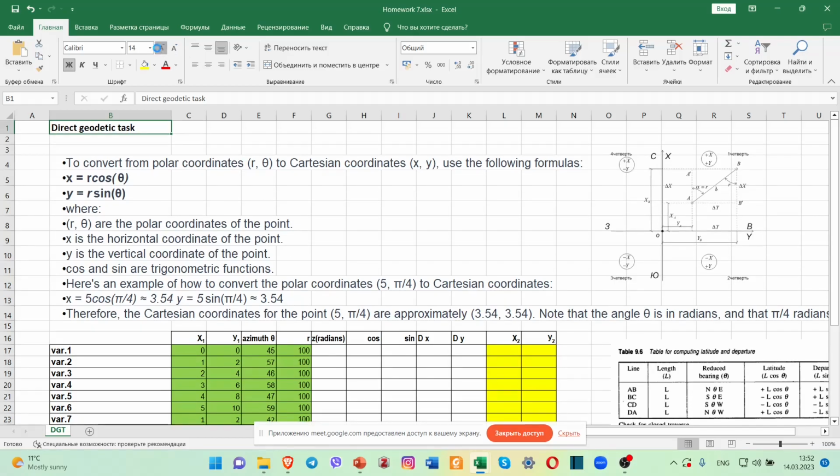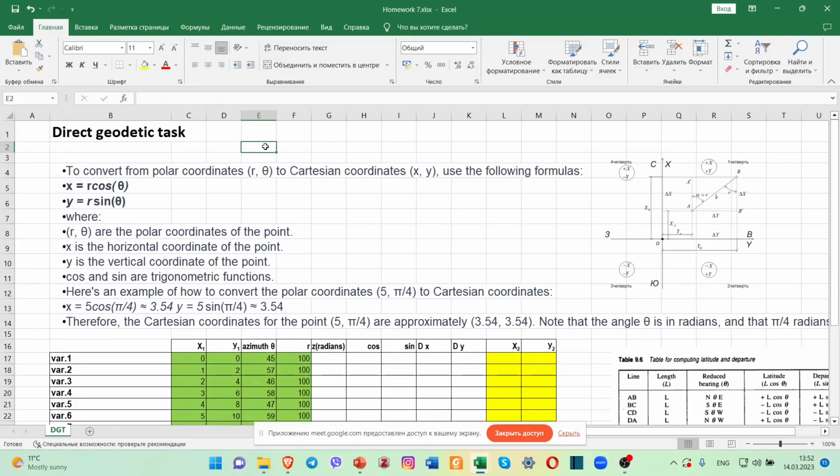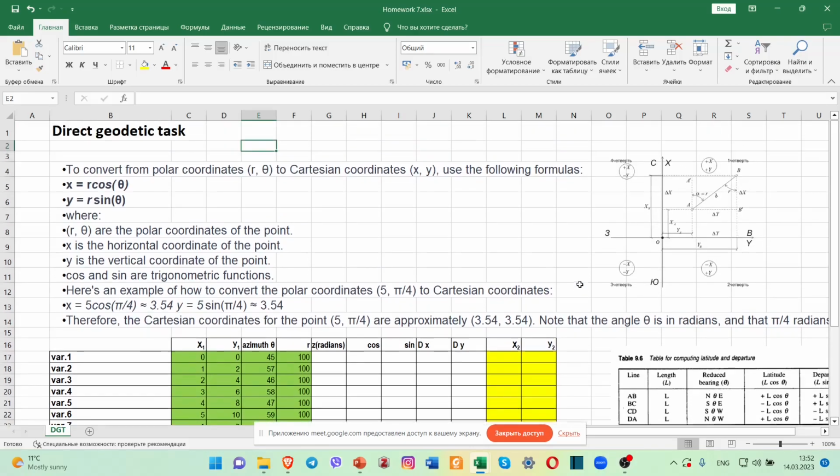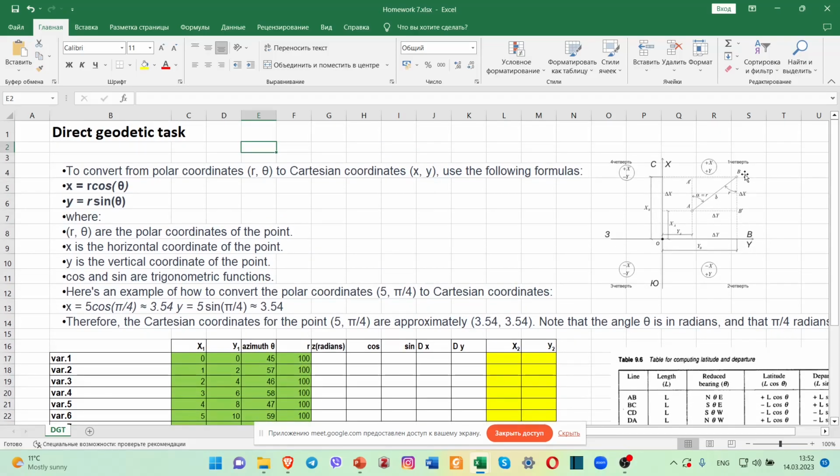However, direct geodetic task. So I will show you how we can calculate coordinates of second point B, or second point 2.